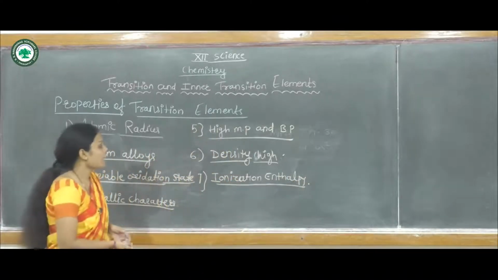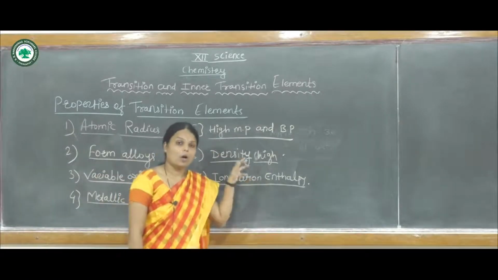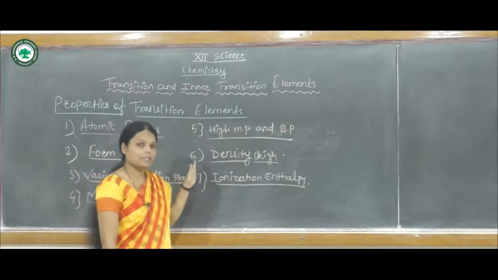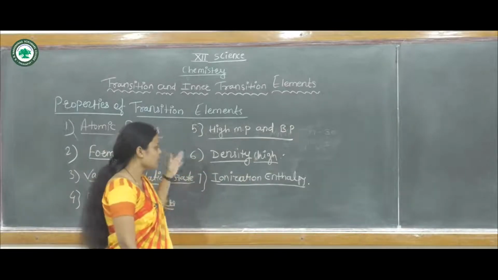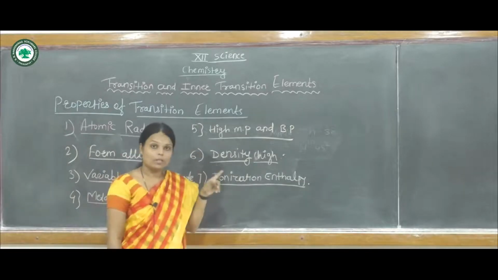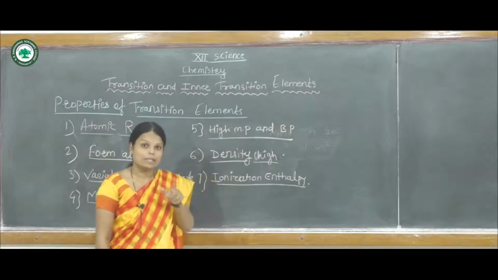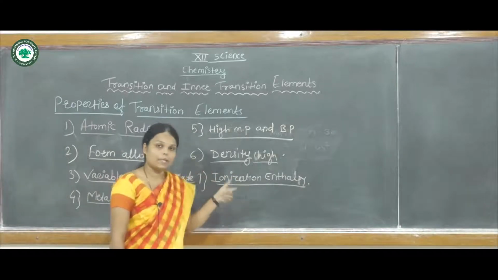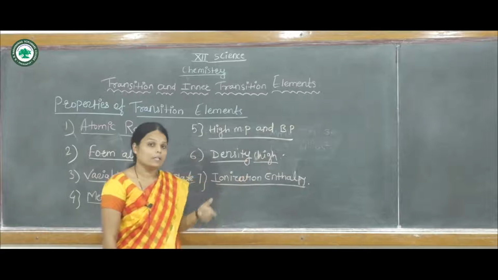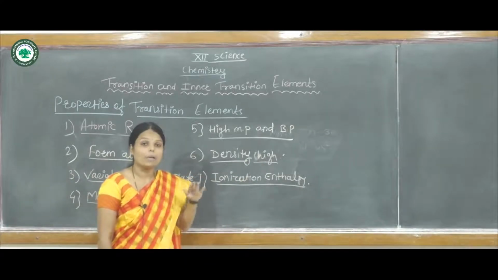Here, for the ionization enthalpies of the transition elements, the 3d series, 4d series or 5d series, as we move from left to right on the periodic table, the ionization enthalpy gradually decreases. Why does it decrease? Because of the presence of unpaired electrons.